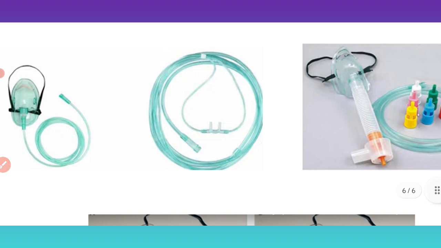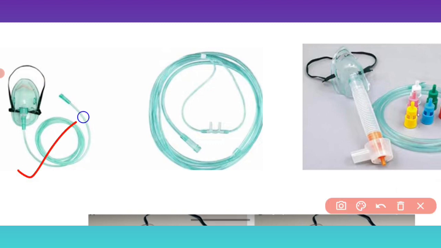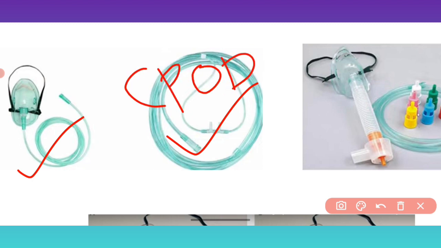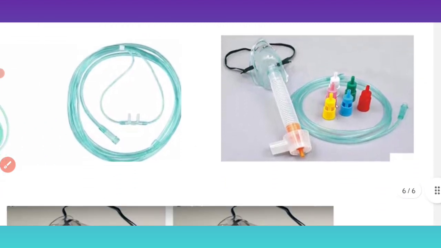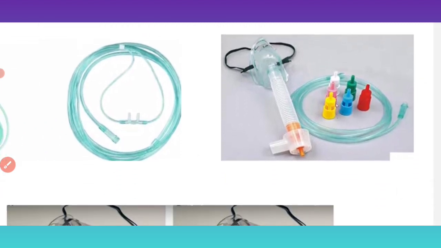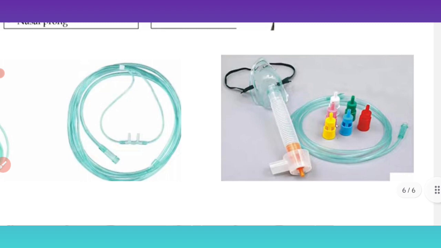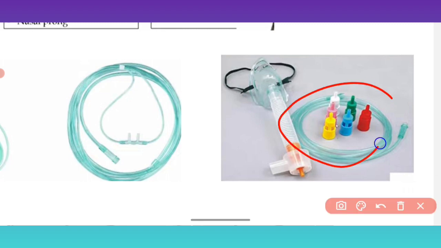So these are all the images. This is the simple face mask. Nasal cannula is especially useful for which patient? COPD patient. Mostly we will be administering 2 liters of oxygen to the patient, not more than that. Okay, fine. And this is the one called the Venturi mask. Nowadays the advanced Venturi mask is totally different. There is no color coding at all.